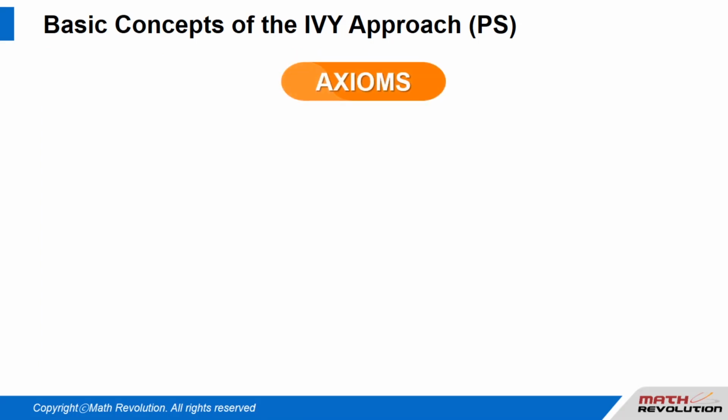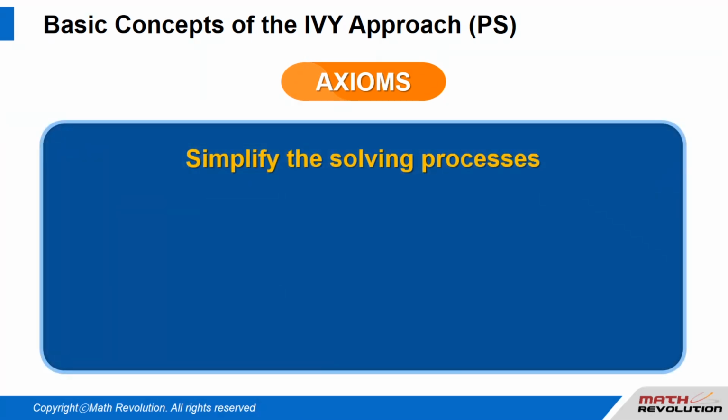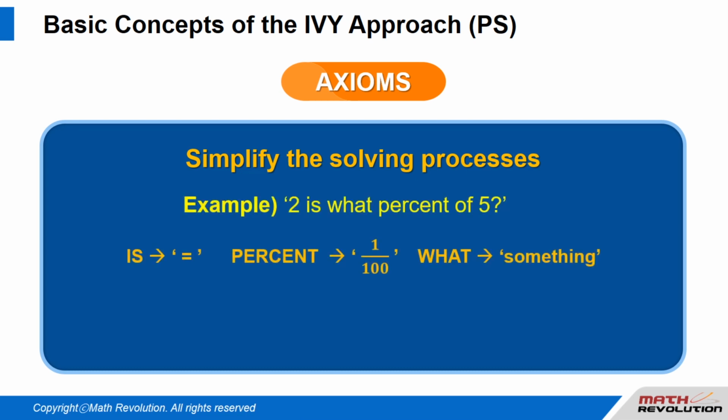Axioms. As seen in the next example, the IV approach uses axioms to simplify the solving processes. For example, if we have a question asking 2 is what percent of 5, we can convert is to equal, percent to 1 over 100, and what to something.